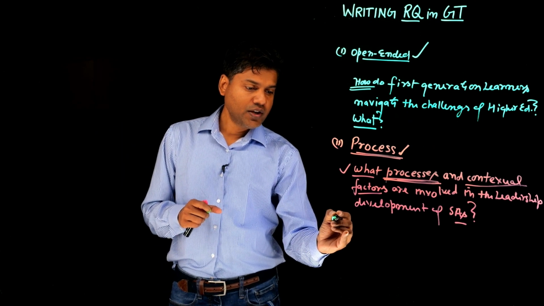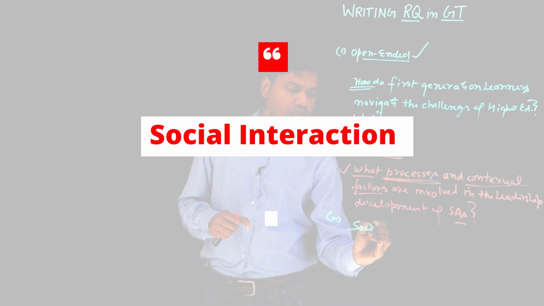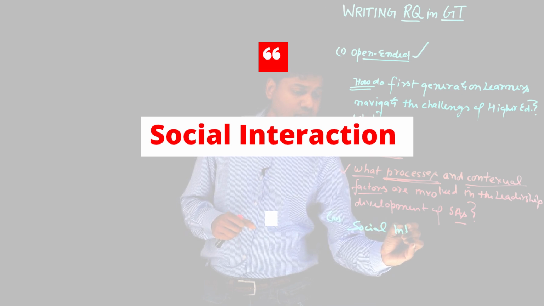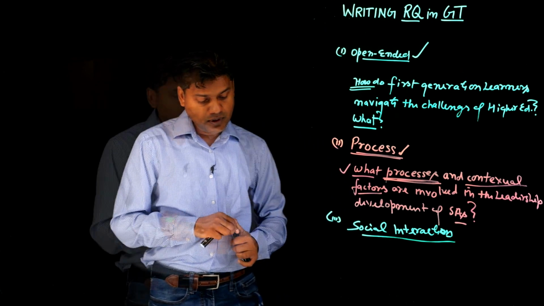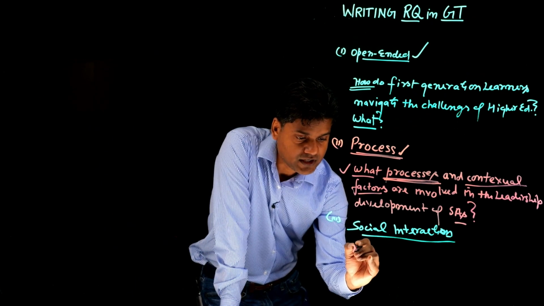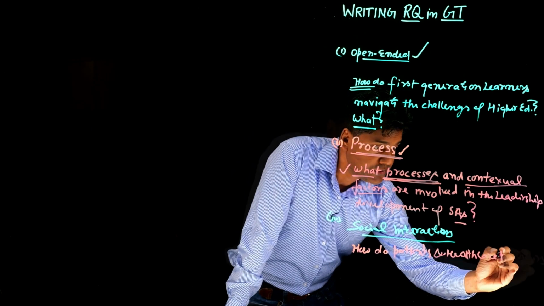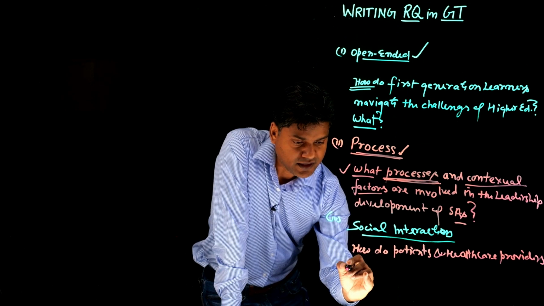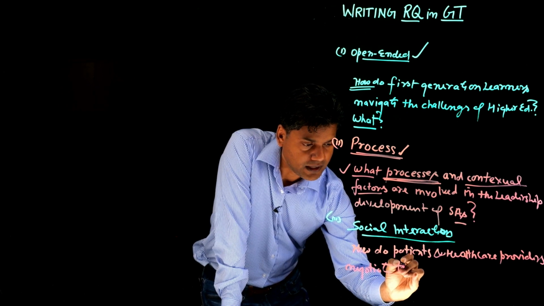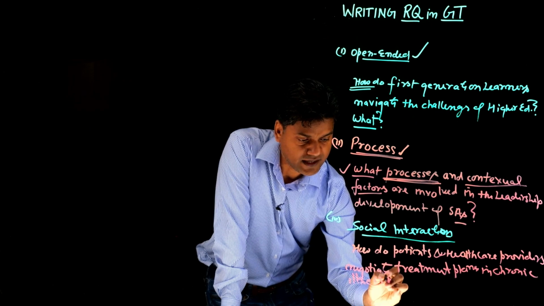Your research question also should include social interaction as well. Social interaction. So let's take an example. How do patients and healthcare providers negotiate treatment plans in chronic illness management?